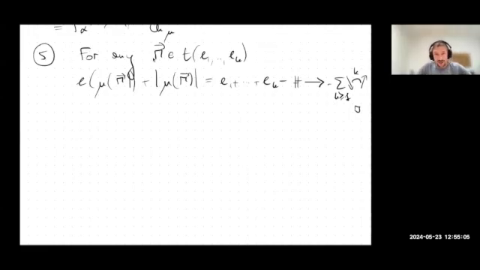So now I will also give a sketch of the proof of the corollary. And this is going to be even more sketchy.